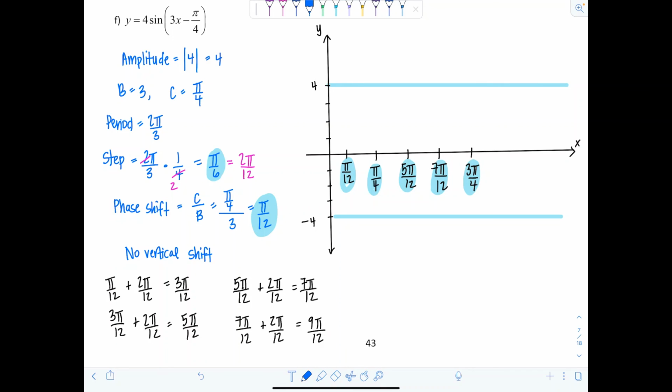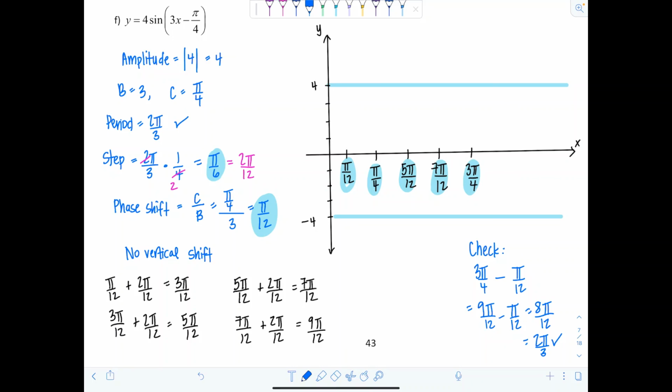To check, take the first and subtract it from the last of your 5 key points. So 3 pi over 4 minus pi over 12, that's 9 pi over 12 minus pi over 12, that's 8 pi over 12, and that reduces to 2 pi over 3, and yep, that's the period.